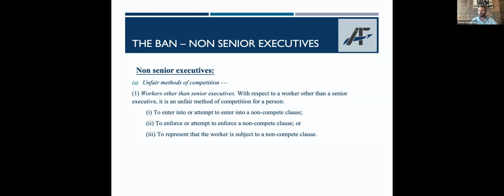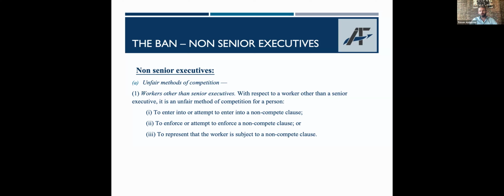So it's the entering in, the enforcement, or even the posturing or allusion to another party that someone is subject to a non-compete is all going to be prohibited. Okay, like I said, incredibly broad, right? This will affect virtually every single person that has a non-compete in their contract, which, by the way, the FTC estimates that number of employees to be in the hundreds of thousands in our country.